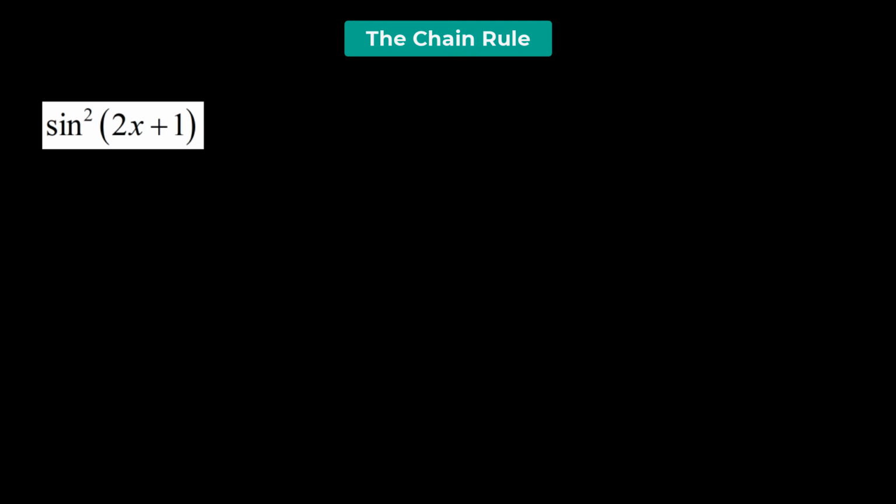So here we have sine squared 2x plus 1. Now we need to find its derivative with respect to x. What we're going to do is rewrite sine squared 2x plus 1 as sine 2x plus 1 whole squared, so that we can assume that sine 2x plus 1 is equivalent to x.